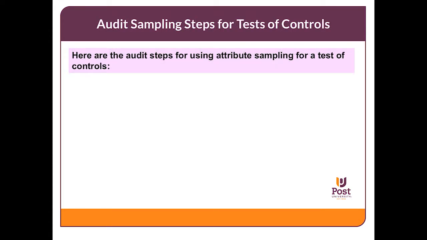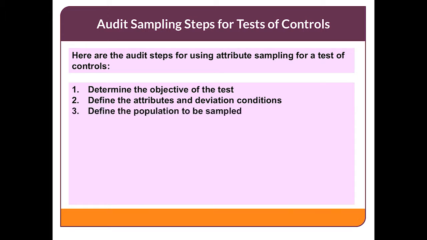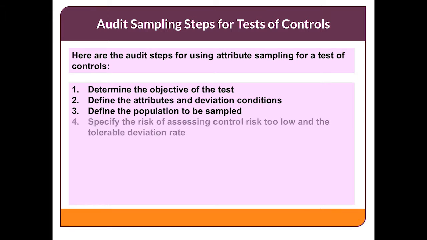Here are the audit steps for using attribute sampling for a test of controls. 1. Determine the objective of the test. 2. Define the attributes and deviation conditions. What makes an error? 3. Define the population to be sampled. 4.